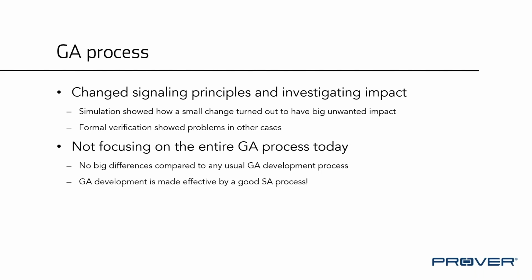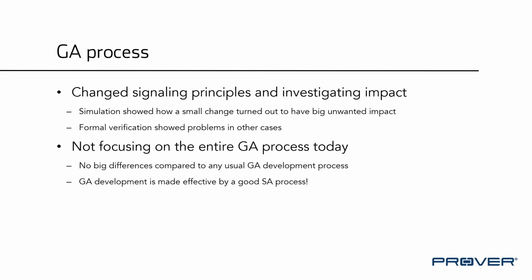We're not focusing on the entire generic application process today because it would be the topic of a webinar on its own. But process-wise, I would say it's not very different from any generic application development process. You need to set up your requirements. You need to have a structured way of implementing them. You need to have some divisional teams between those doing design and those doing safety requirements and so on.